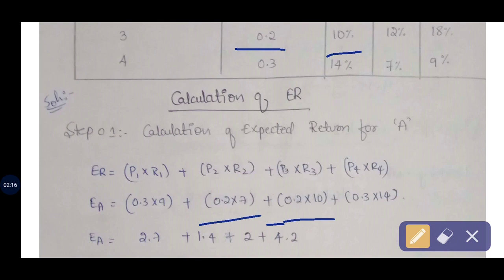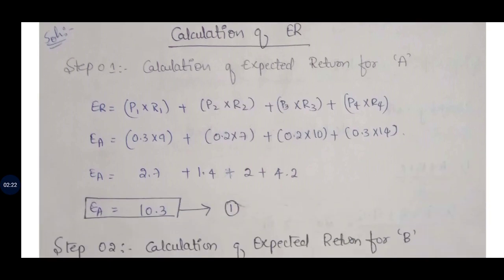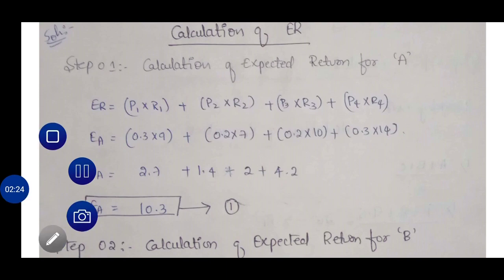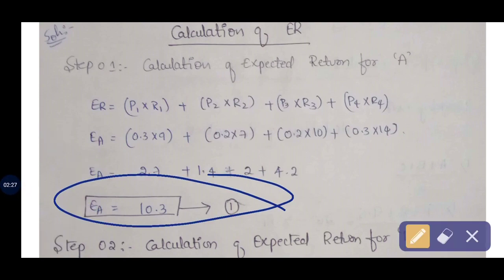Last is P4 into R4, so 0.3 into 14. If we add all this, the expected return will be 10.3. So this is the expected return of A.